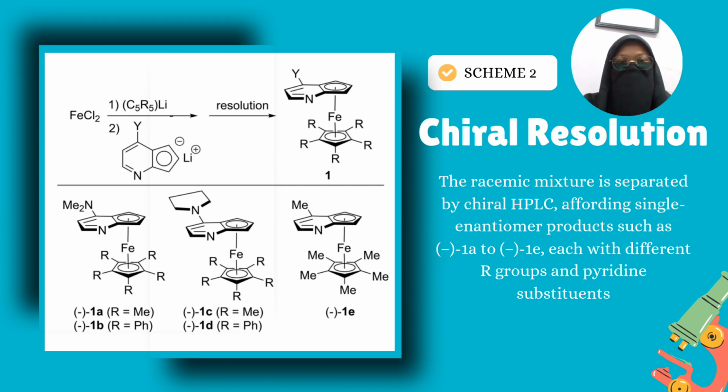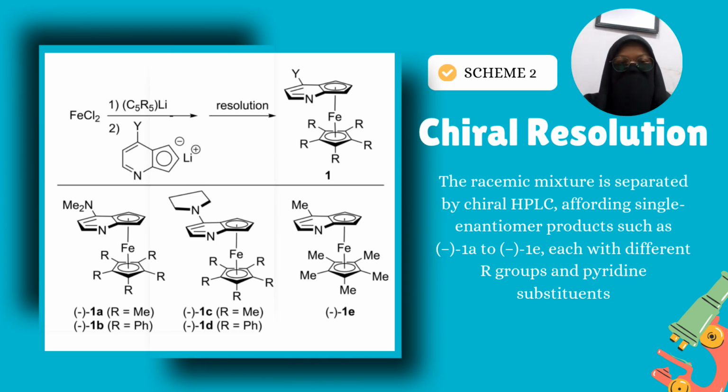First, compounds 1A and 1B, where R is a methyl or phenyl and the Y group is a dimethylamino substituent. Second, compounds 1C and 1D with a different pyridine substitution. And lastly, compound 1E, which has multiple methyl groups on the ferrocene ring. This structure highlights the versatility of the method, allowing for different substitutions and functionalities.